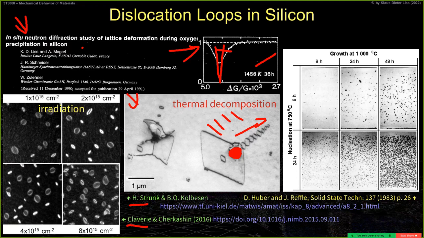Now these dislocation loops, they are sent out by these precipitates, and they make large range strain fields, and that can be used for gathering impurity atoms, heavy metals, in silicon.